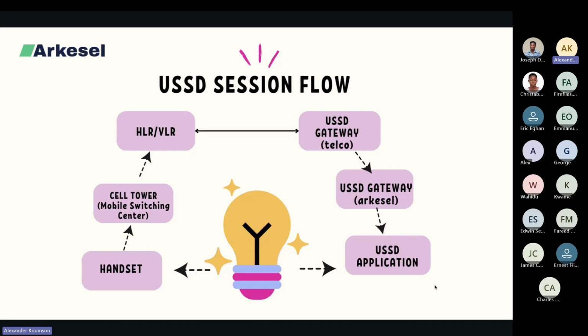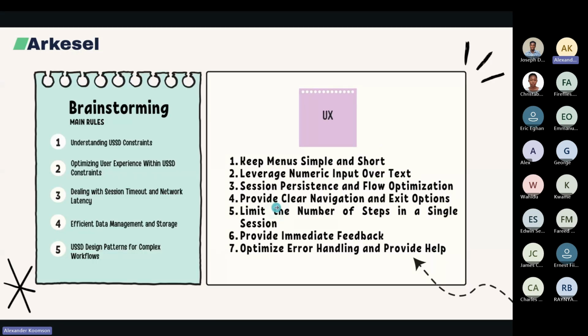So if you can provide your response mostly under 10 seconds, you are able to beat this whole timeout thing that the USSD session has, the whole session lifespan of the USSD.